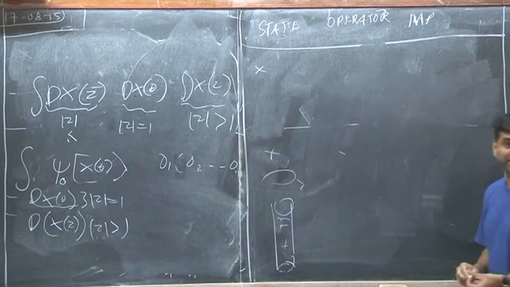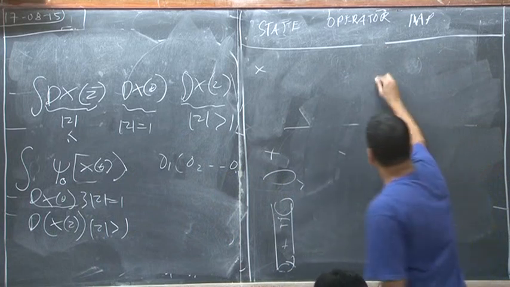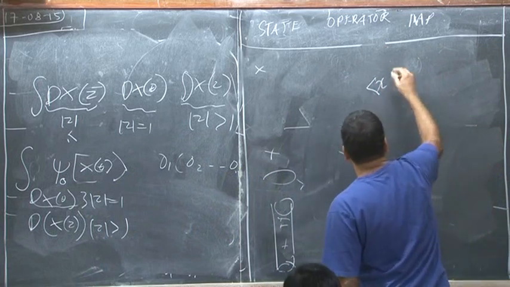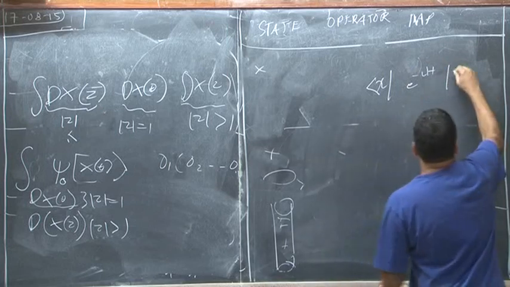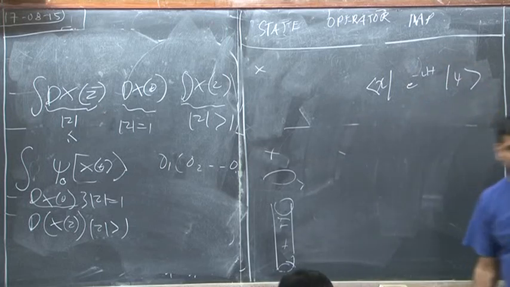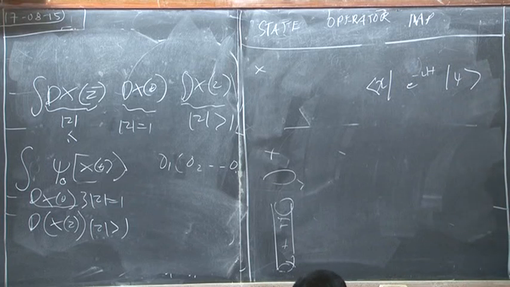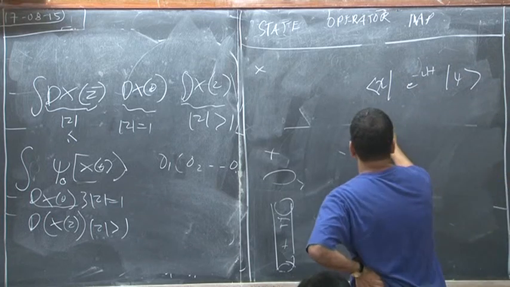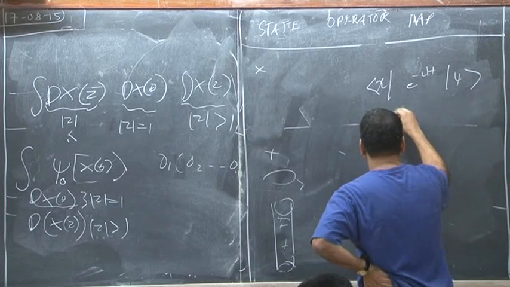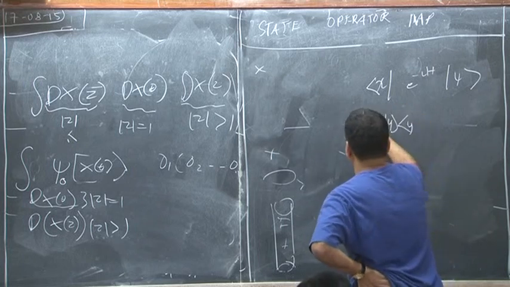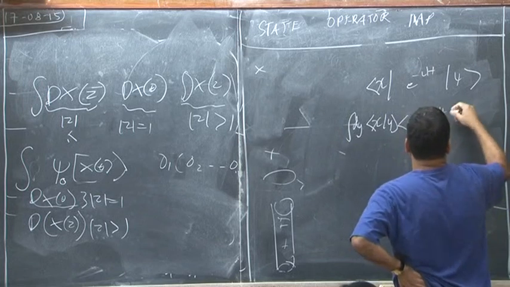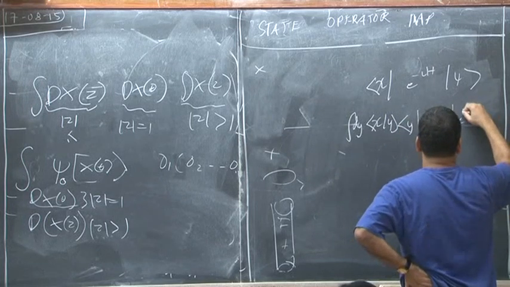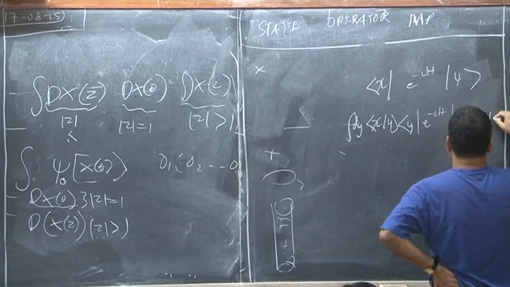Let me remind you of a baby version of this. Suppose you're doing non-relativistic quantum mechanics, and you wanted to compute chi, e to the power minus iHt, so no operator insertions, times psi. Well, what do you do? One way of doing it is to do chi of y, integral dy, insert e to the power minus iHt, x, psi.